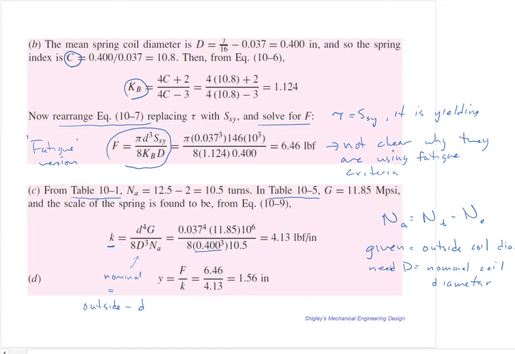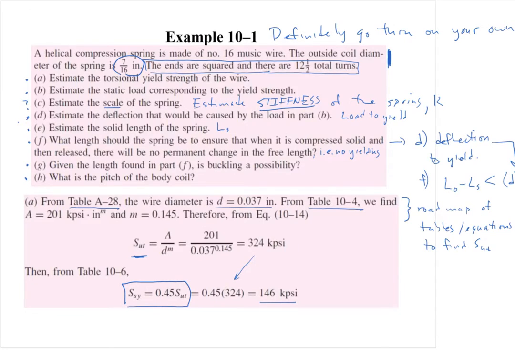And the nominal coil diameter is just the outside coil diameter minus the wire diameter. And that's what goes in right there. C was what they're looking for. Again, this is a long example.